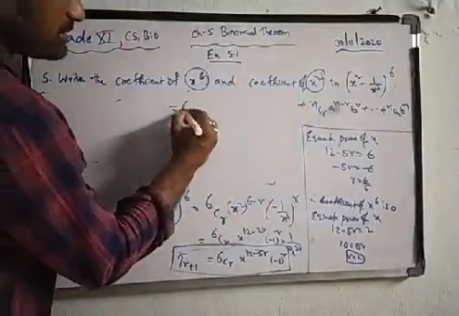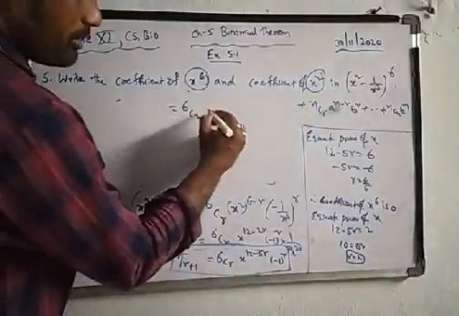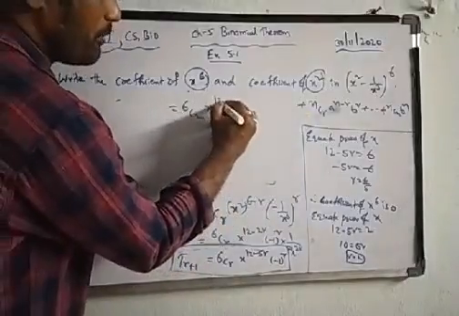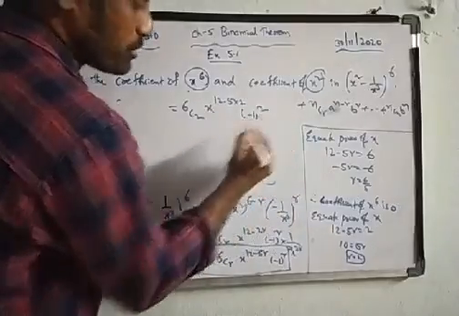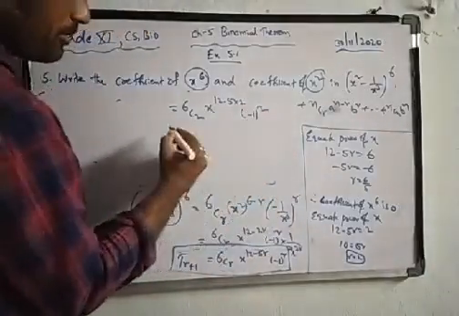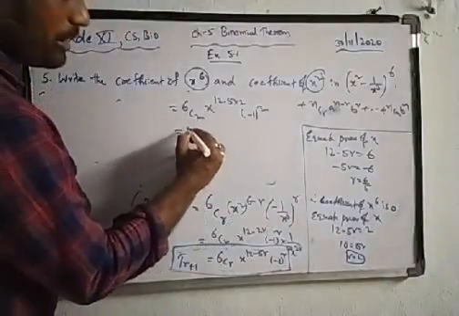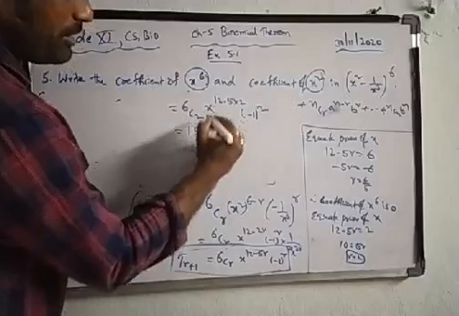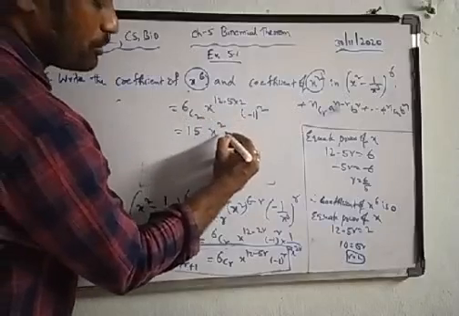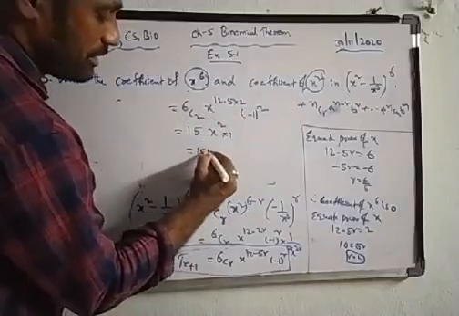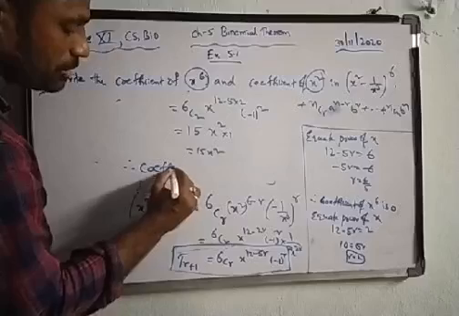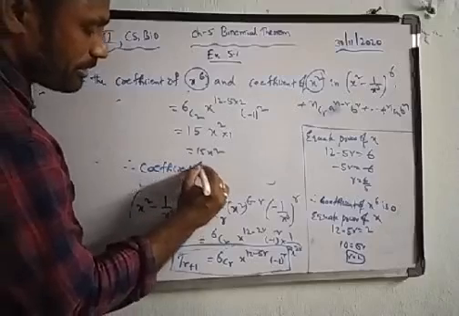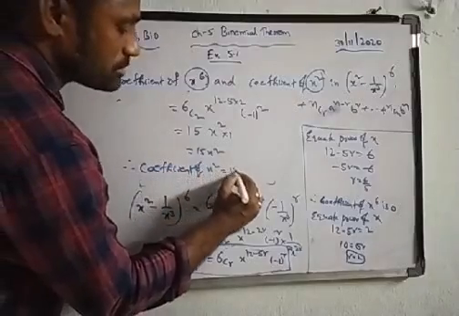So that is 6C2 x to the power of 12 minus 5 into 2, minus 1 whole square. So 6C2 value is 15 x to the power of 2 into 1, that is 15x square. Therefore, coefficient of x square is equals to 15.